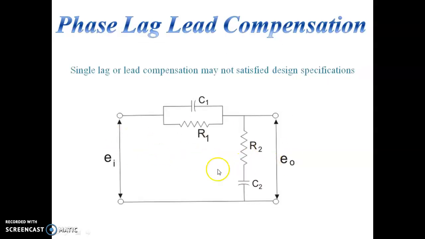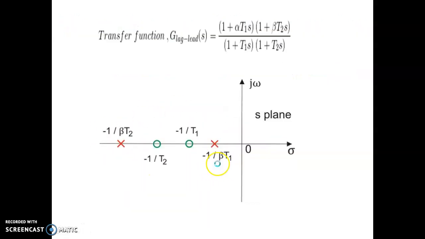So if you find the transfer function of this electrical circuit, then you will get this transfer function G of S, that is lag lead. So if you draw the diagram, minus 1 by T, right, is far from the origin, then minus 1 by BT, right?